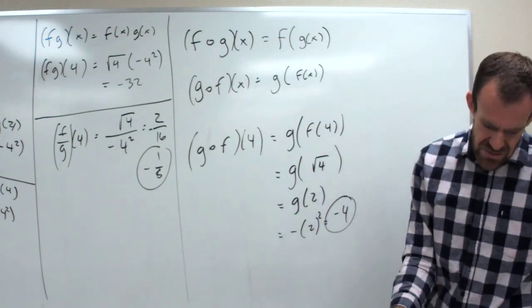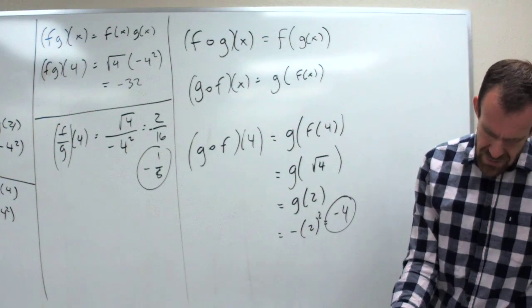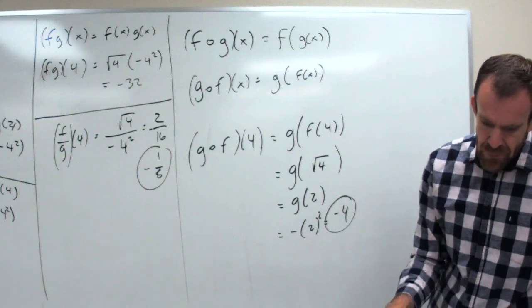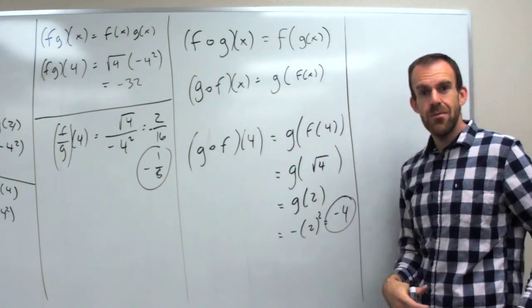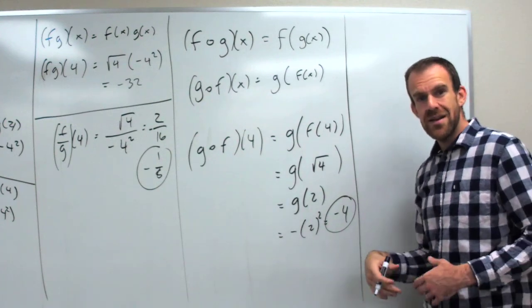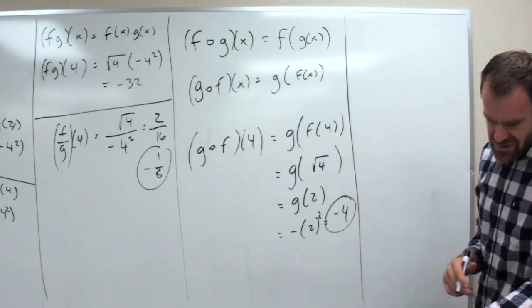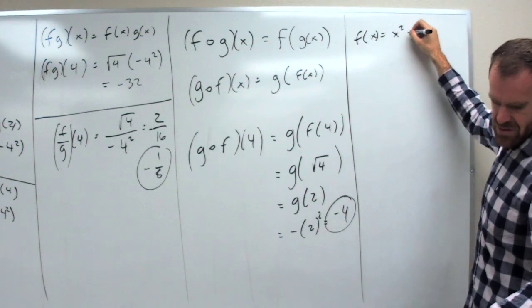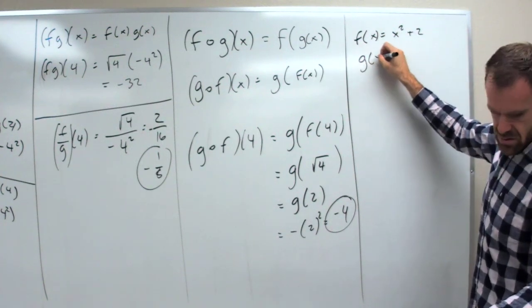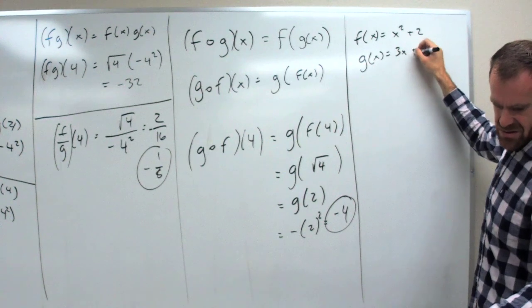Okay? So, they will ask you to form some composite functions. So instead of plugging in numbers, you're going to actually plug in x. So they are saying f of x is now x squared plus 2, and g of x is 3x plus 5.